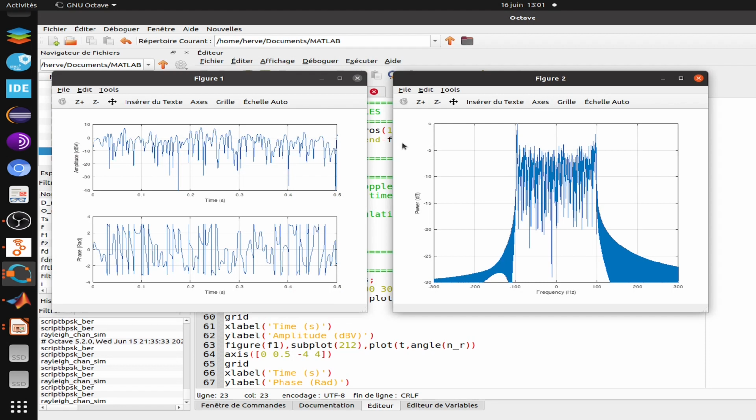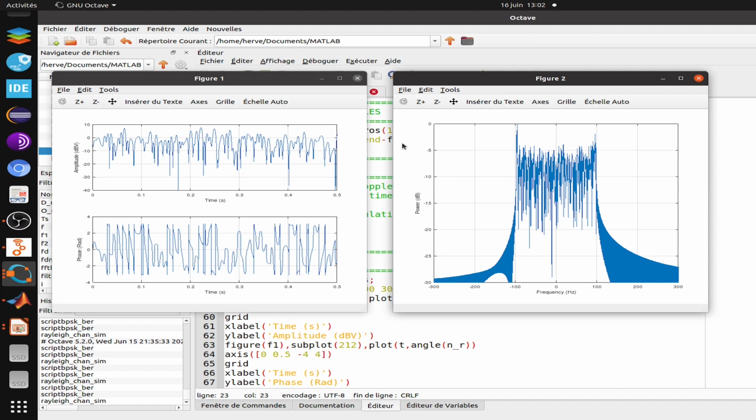So on the left you've got the amplitude, which is scaled in dB volts, and as you can see, and as expected, you've got variations that can be quite important, going down to minus 40 dB from the average. But we also have the phase rotation for all the samples. Don't forget that you generate a complex process, so you've got the real and the imaginary part, the phase shift as well.